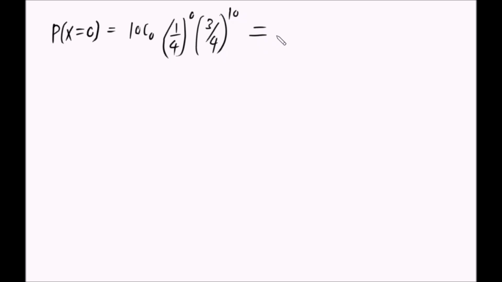So huyu hapa tuanze na huyu, kama huyu peke yake atakuwa ni 10 combination 0 probability of getting a 2 power 0 times probability of not getting a 2 power 10 minus 0 ambayo ni 10. So ukitumia calculator yako hapo you just get, by the way tushafanya calculation kama hii. Sasa ilikuwa 10 combination 10 ila zinafanana, alafu hizi pia zilibadilika, but the answer was like this.